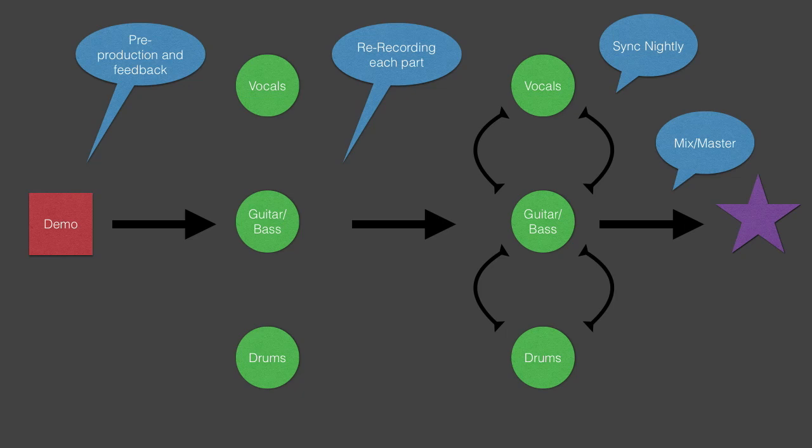Okay, so this kind of demonstrates what I'm talking about, this slide here. We have the demo, and then once we've put the demo into the project, we do our pre-production and our feedback changes directly in the project. We have our note tracks. I can also write notes to engineers specifically.